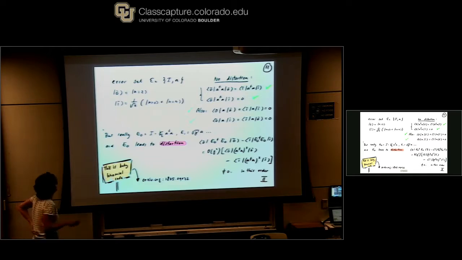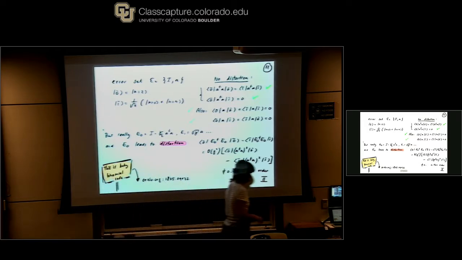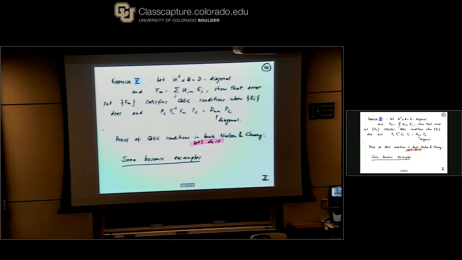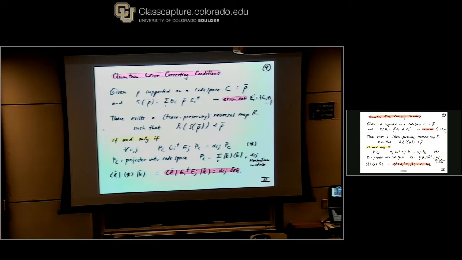Let's take the error and its dagger, and look at this thing. If L is K, and I have E_i dagger E_j, then this should not depend on what L is, right? This is important that this is an alpha.